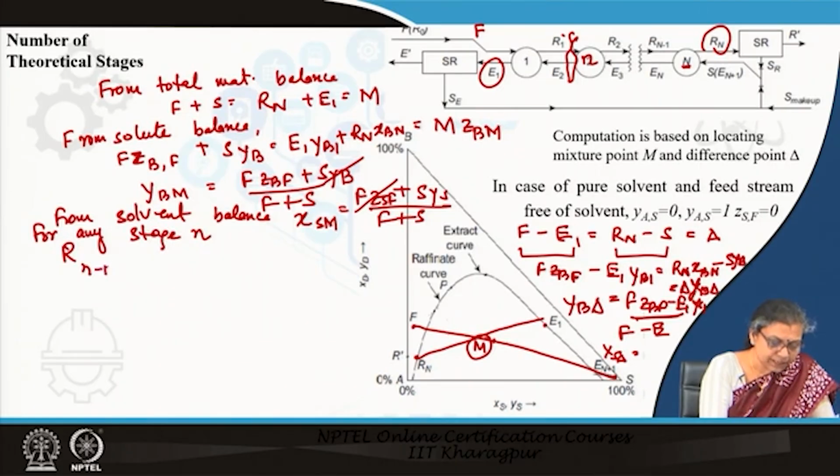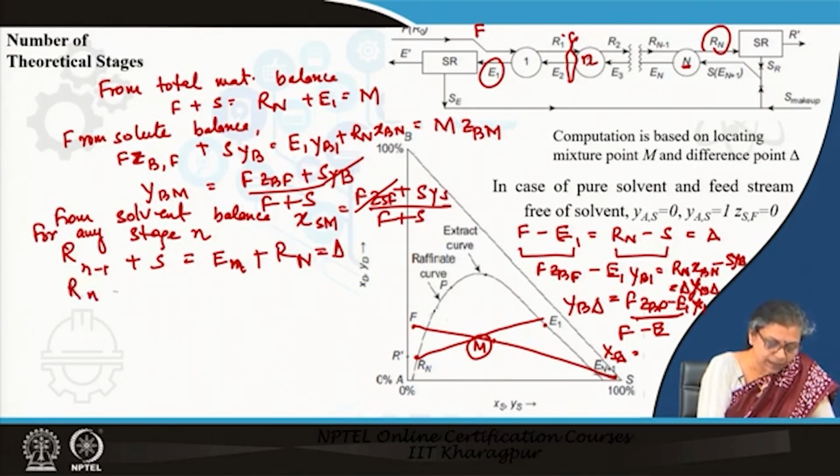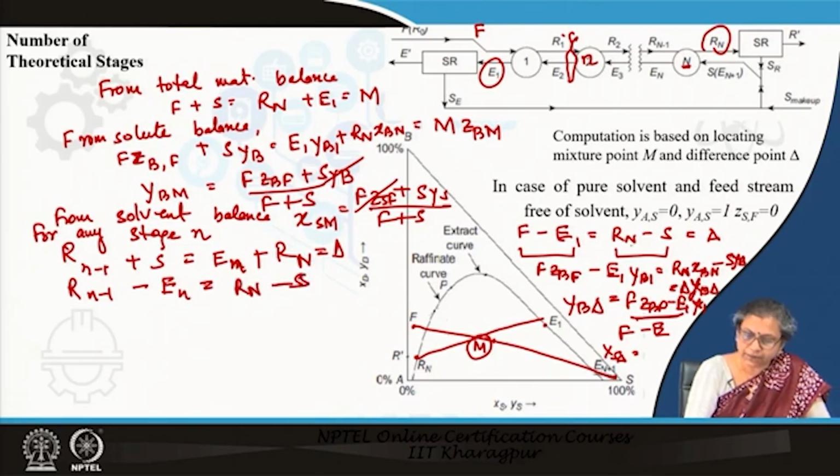R n minus 1 entering plus S equals E n plus R n, when we are writing from stage n to the last stage, and this equals delta. So from here also we get R n minus S equals R n minus 1 minus E n, which is nothing but equal to this.